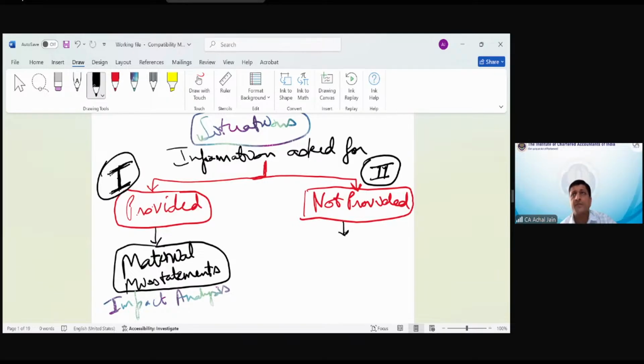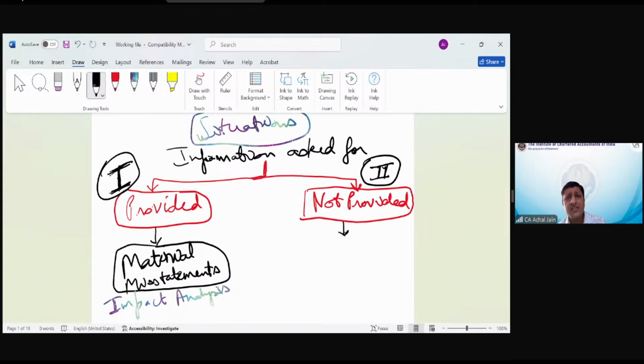Now, in this case, if that information is not available with the auditor, if let's suppose he has not been able to avail that information, due to the lack of the information, do you think auditor will be able to get on to the conclusions?